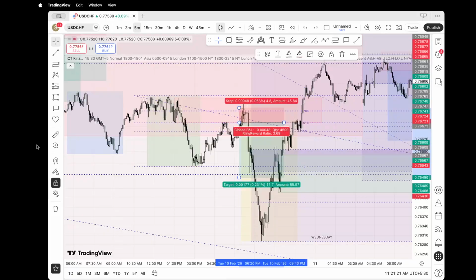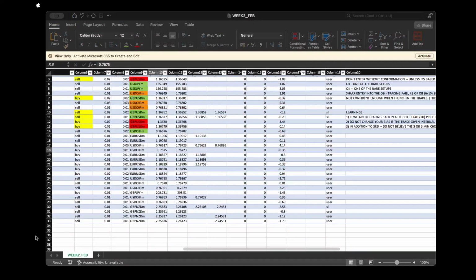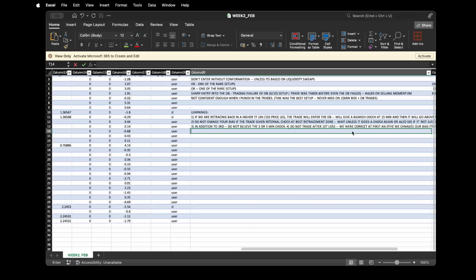If I jump back to Excel, we'll see USD CHF 0.68. It was not even a $1.2 loss.